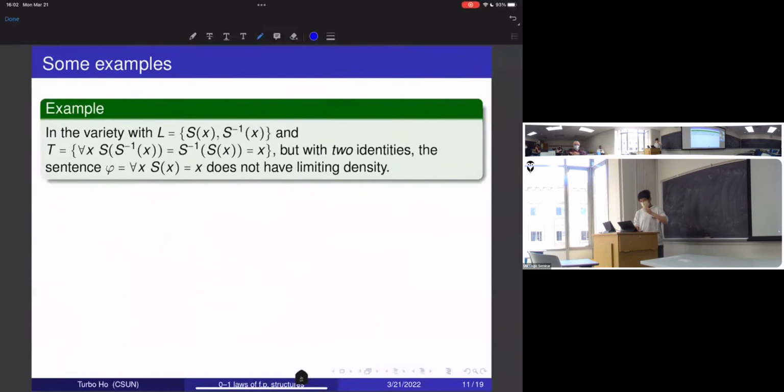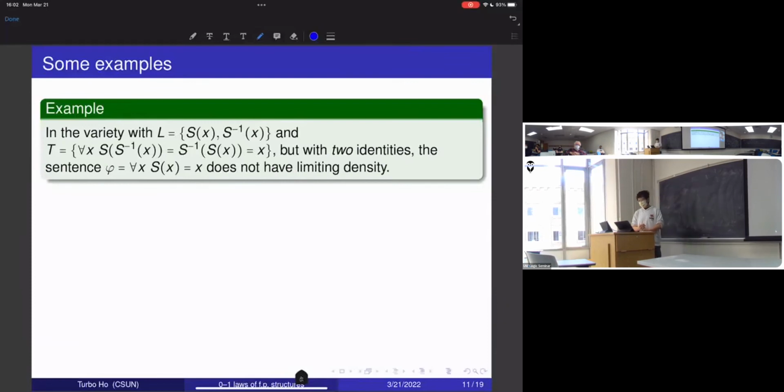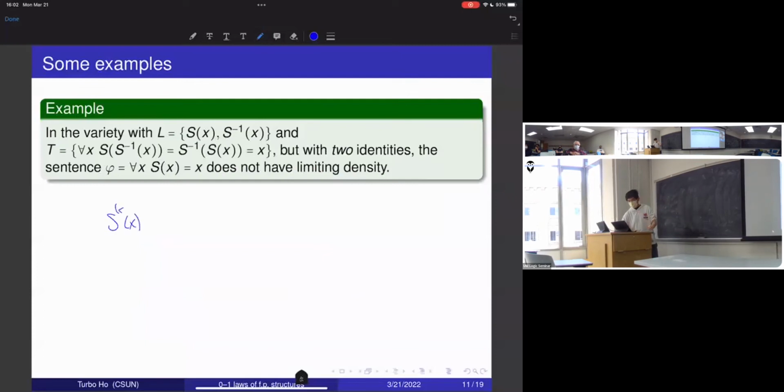There's another example here. I'll just say this in words. Here's a quick example where if you try to do more than one identity, the story actually becomes much more complicated. Because here, this is the same bijective structure example. If you have two identities, you're looking at s to the k of x equals x, and s to the k prime of x equals x.